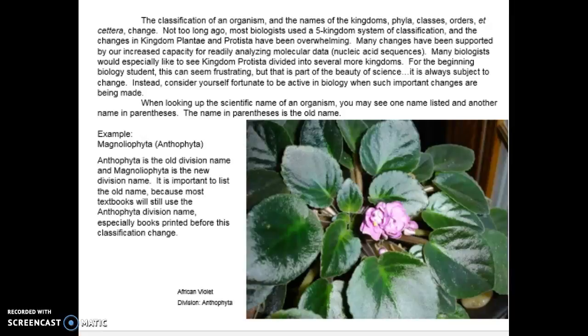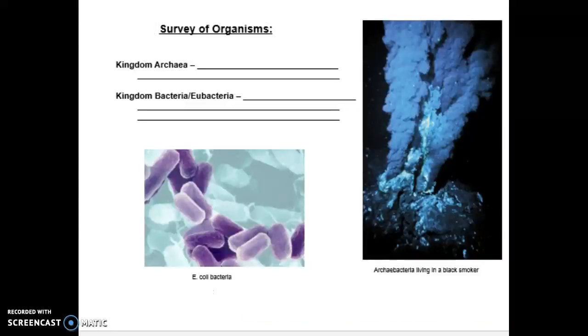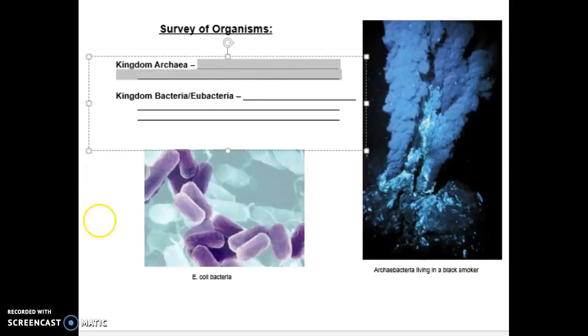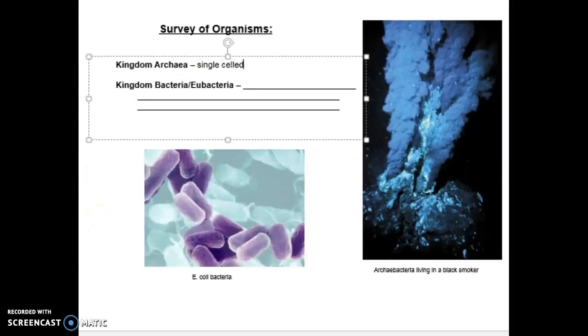Okay? Alright, so when we look at that survey of different kingdoms, what I want you to be comfortable with is, at the kingdom level, what are the key features? What makes something go into Archaea? Single-celled.